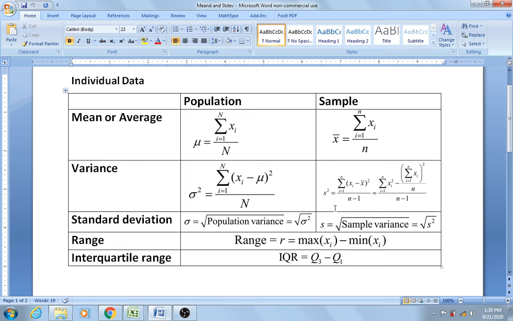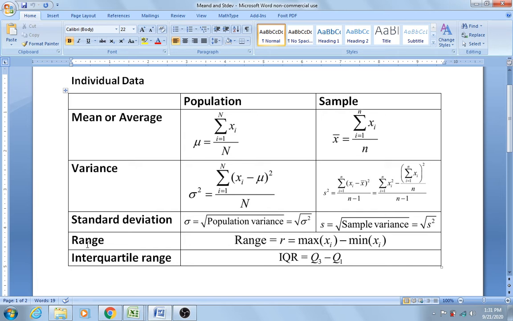You can see that the denominator, when you calculate the variance for the sample, is not n, but it is n minus 1. And the standard deviation is just the square root of the variance. So sigma is the square root of sigma square, and the standard deviation of the sample, which is the small s, is just the square root of s square.